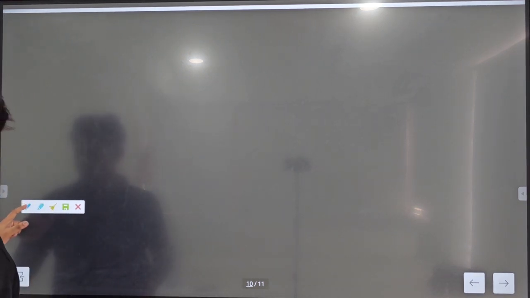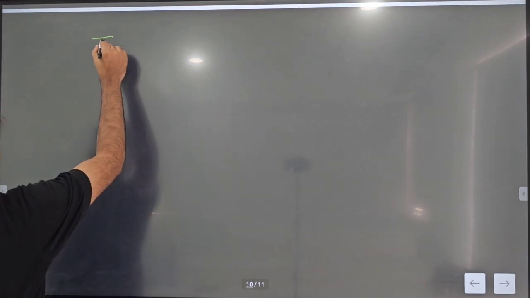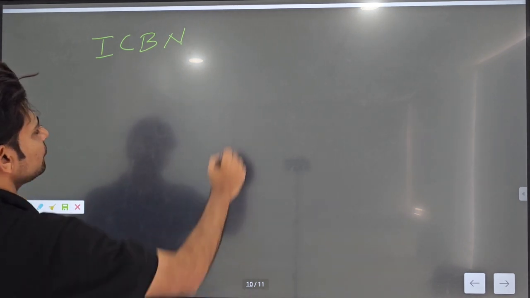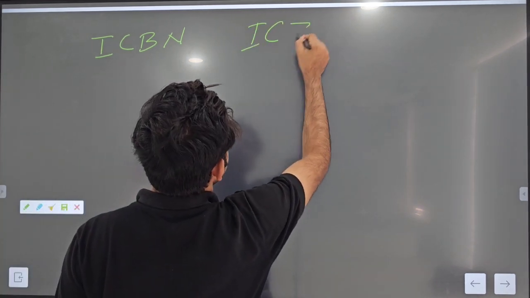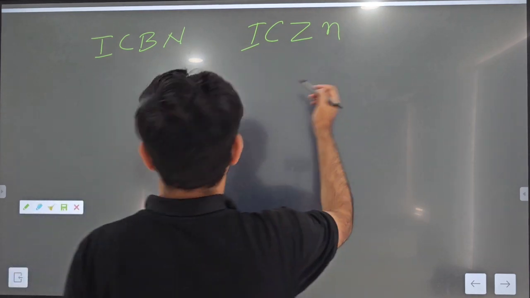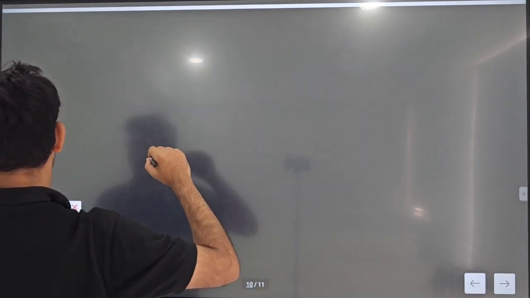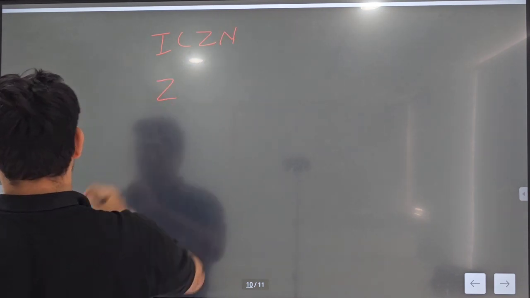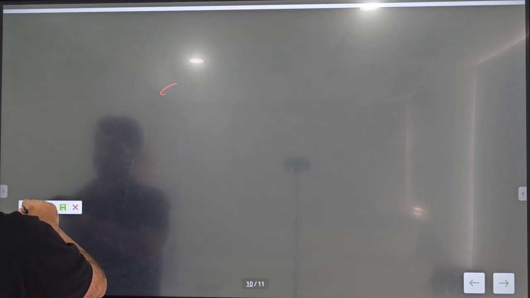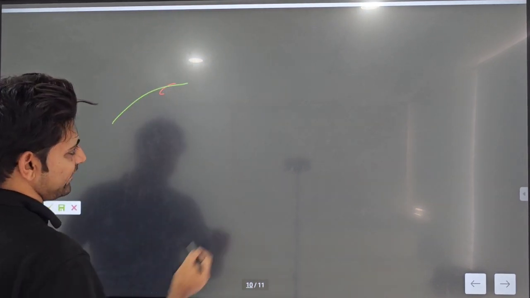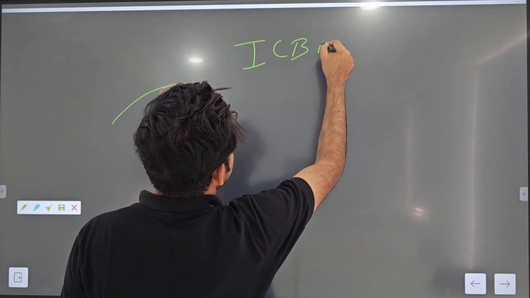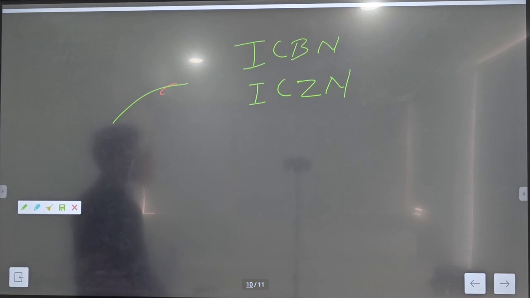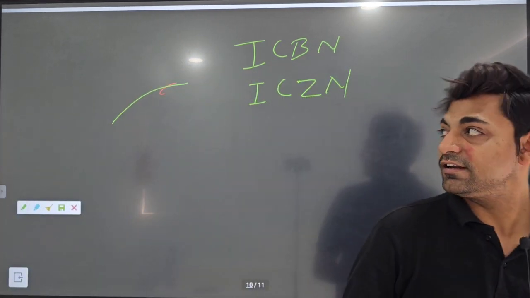These authorities are called ICBN, International Code for Botanical Nomenclature, or ICZN, International Code for Zoological Nomenclature.